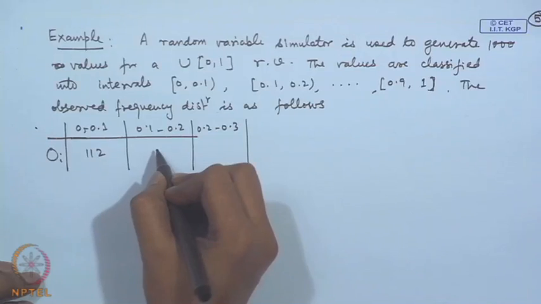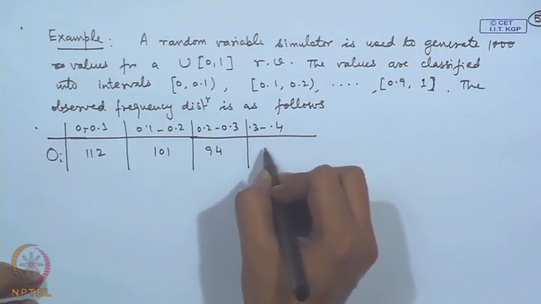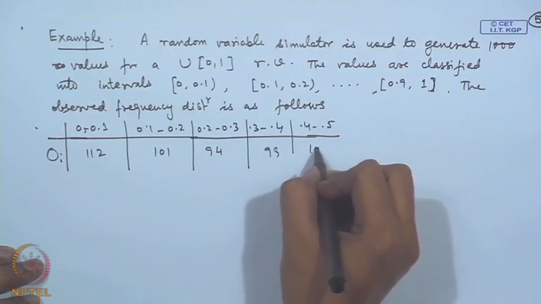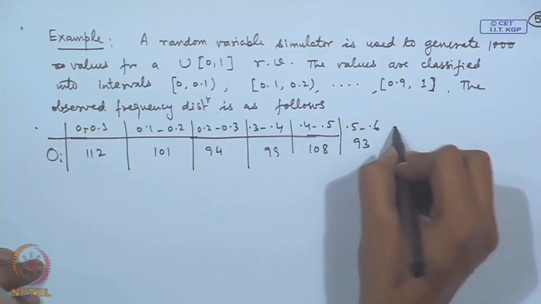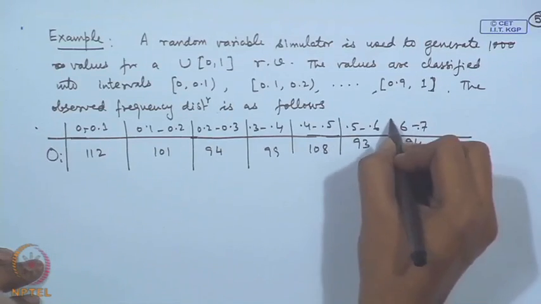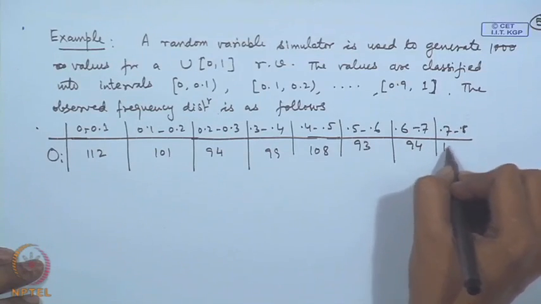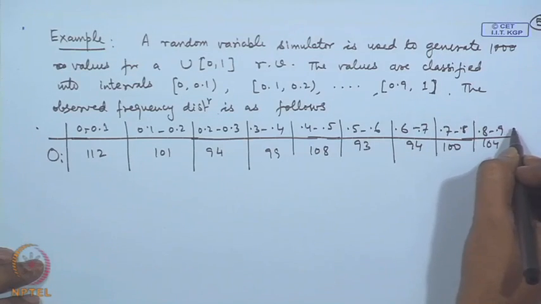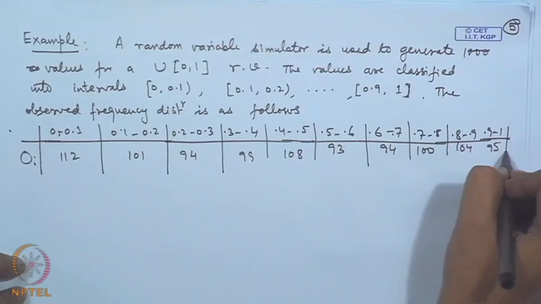Between 0.1 to 0.2 it is 101, 0.2 to 0.3 it is 94, 0.3 to 0.4, 99, 0.4 to 0.5, 108, 0.5 to 0.6, 93, 0.6 to 0.7, 94, 0.7 to 0.8, 100, 0.8 to 0.9, 104, and 0.9 to 1, there are say 95 values.